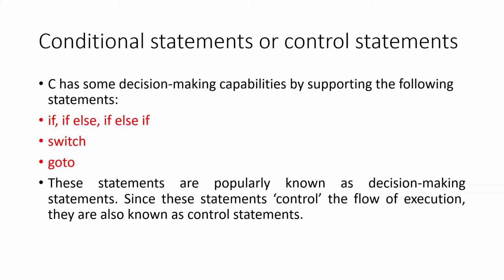It's going in order. No single statement has the authority to change the flow of execution. It is just executed sequentially. But in case of conditional statements, we are giving a condition, and based on that condition, execution flow is varied. That's why such statements are called control statements or conditional statements.